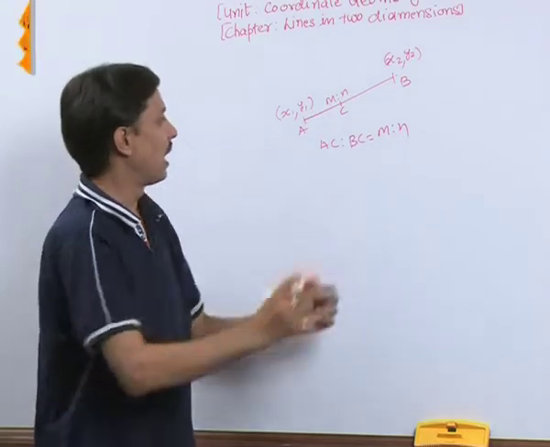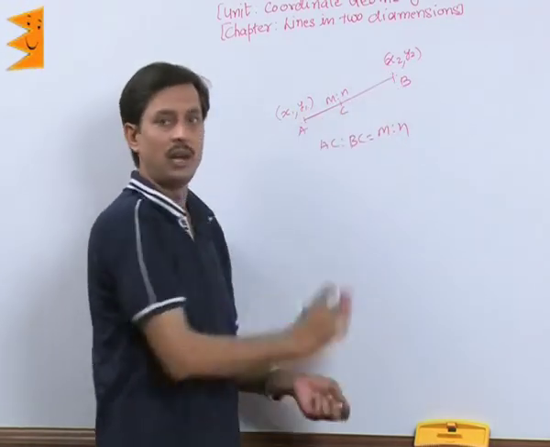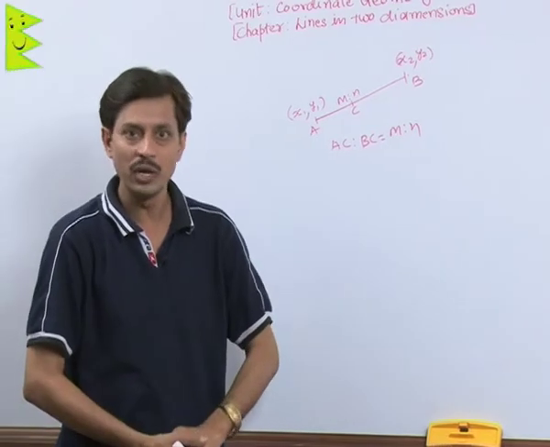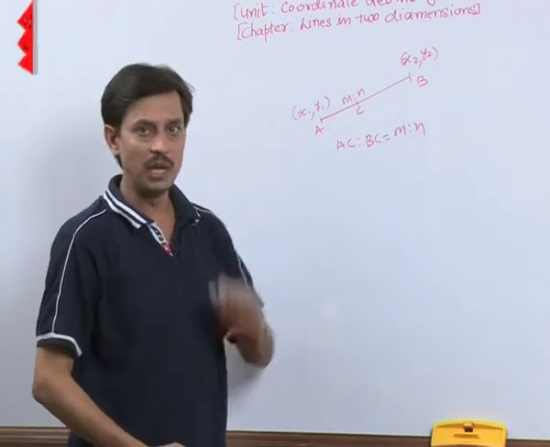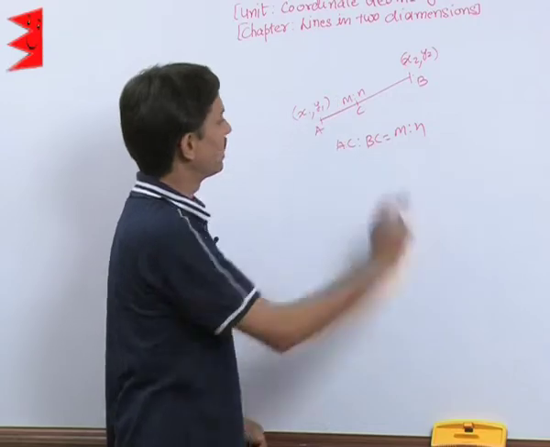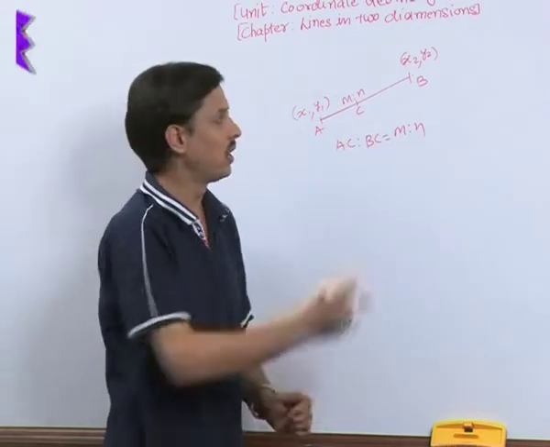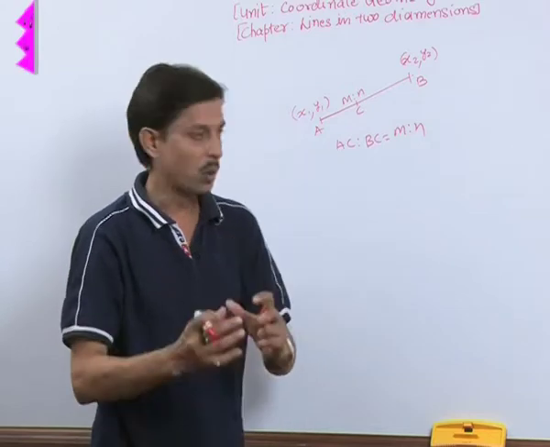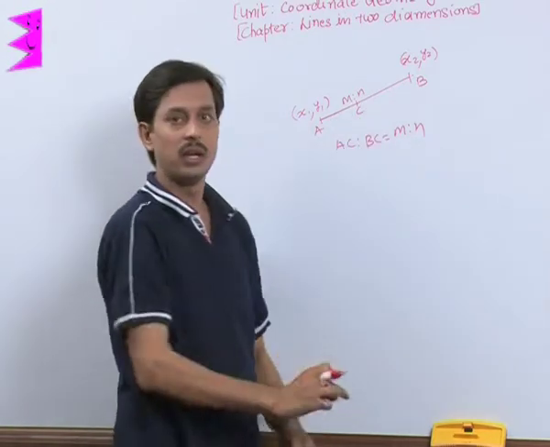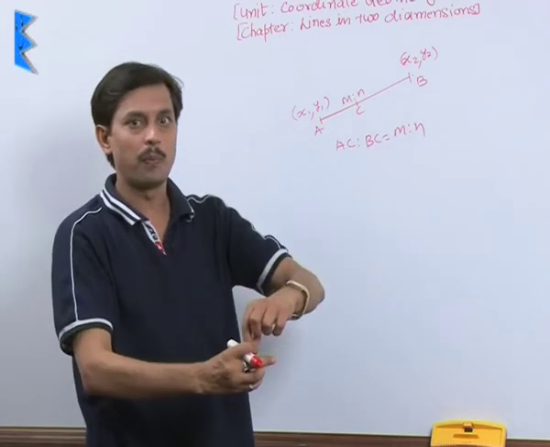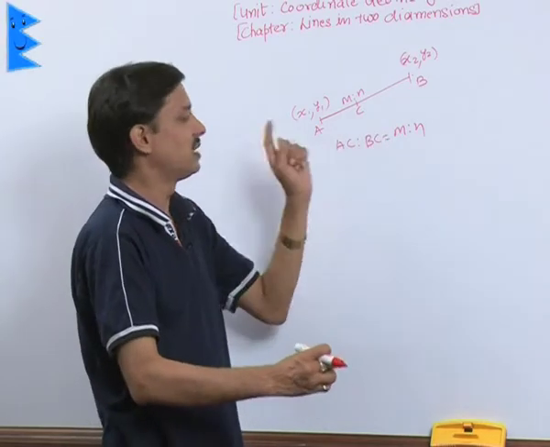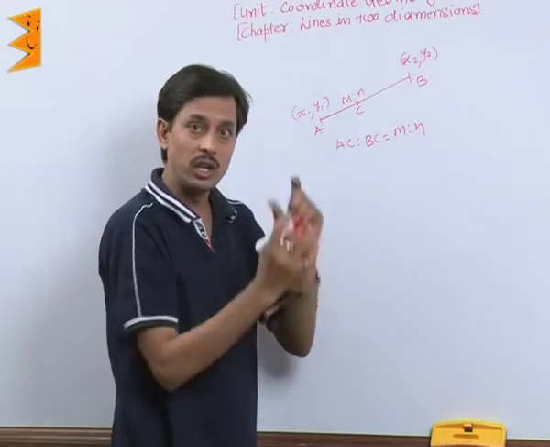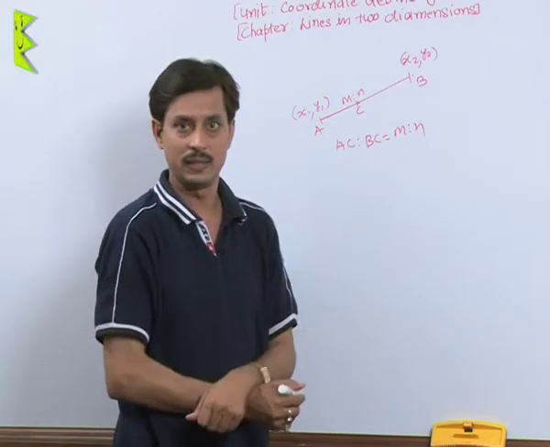If we have the coordinates of the end points of any line segment, a line segment has 2 end points, A and B. Coordinates at A are x1, y1 and coordinates at B are x2, y2. Suppose you want to find the coordinates of a point lying on the line segment AB, where m:n is the ratio of these 2 lengths.